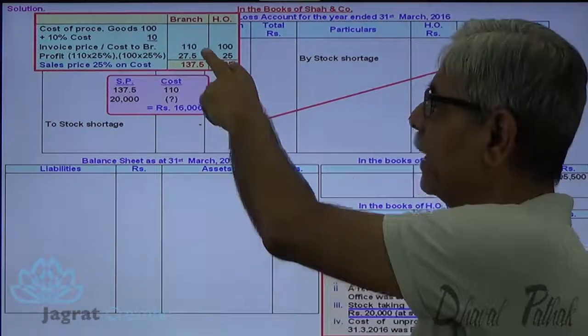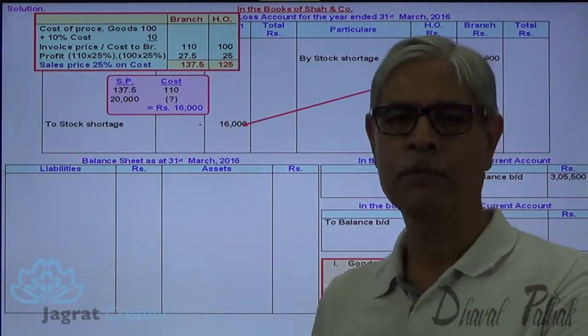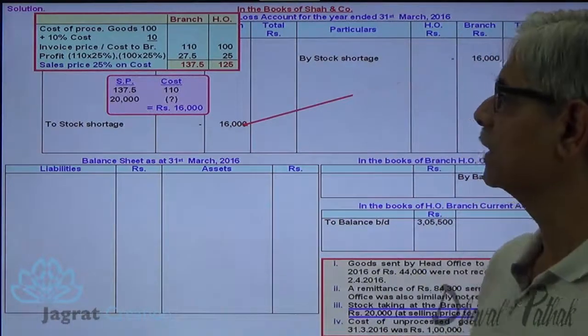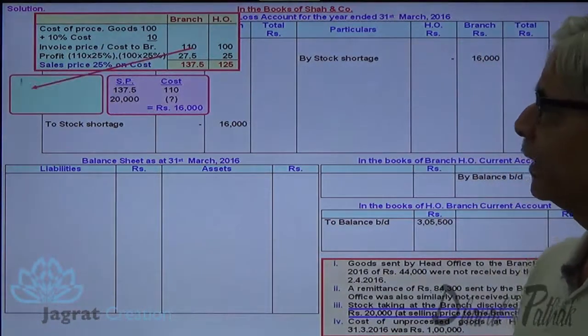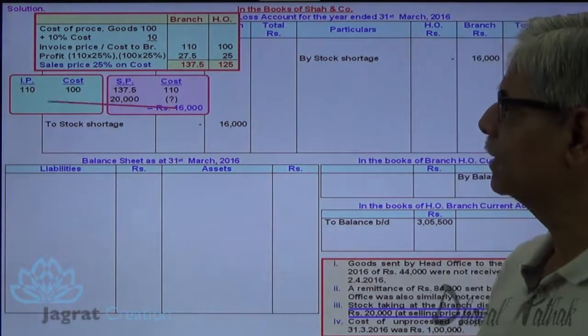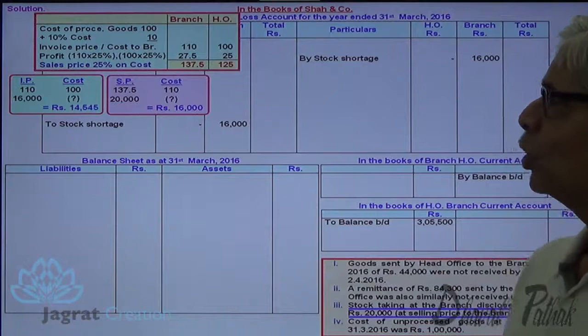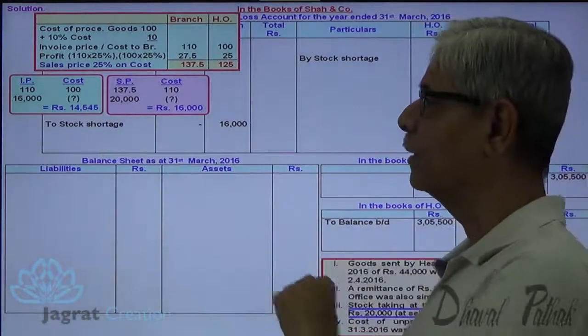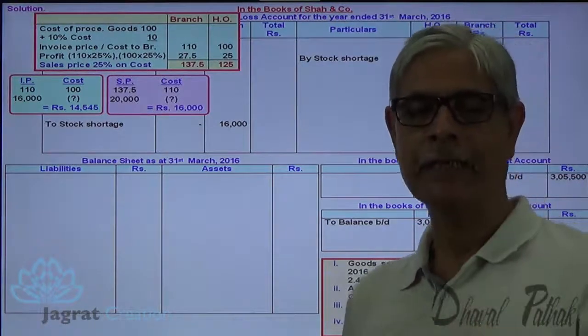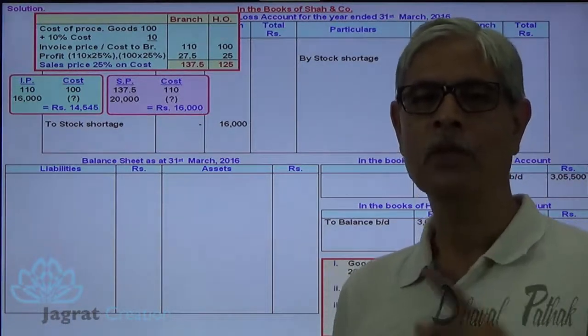So 110 is the cost to branch. 100 is the cost to HO. How much for 16,000? So if 110 is the invoice price, then 100 is the cost price. How much for 16,000? So 14,545 is the value of shortage from the viewpoint of head office.